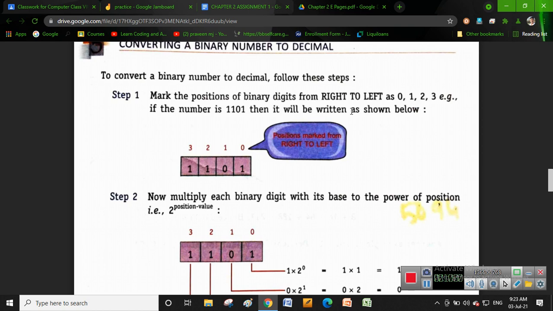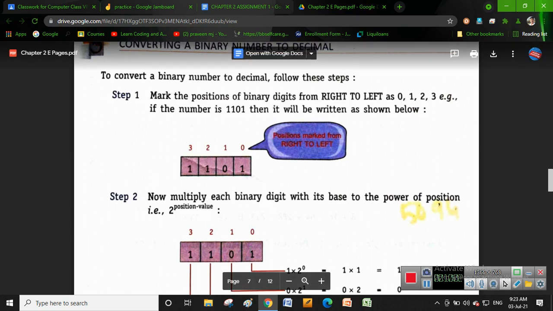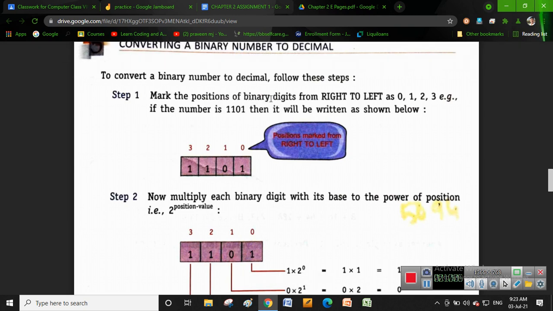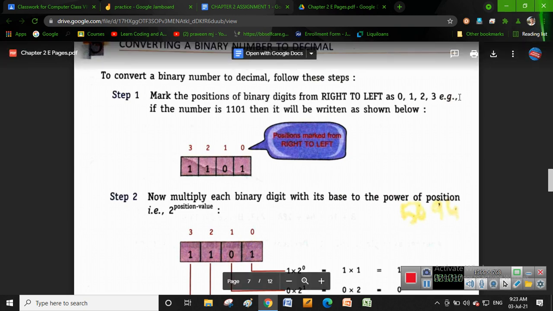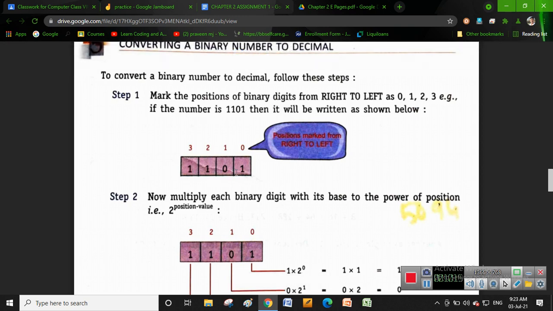See how, this is the question they ask in the UPSC. First we have to mark the positions of the binary digits from right to left as 0 1 2 3, for example. So here they gave a binary number, it contains only 1 1 0 1, written from the right side as 0 1 2 3.